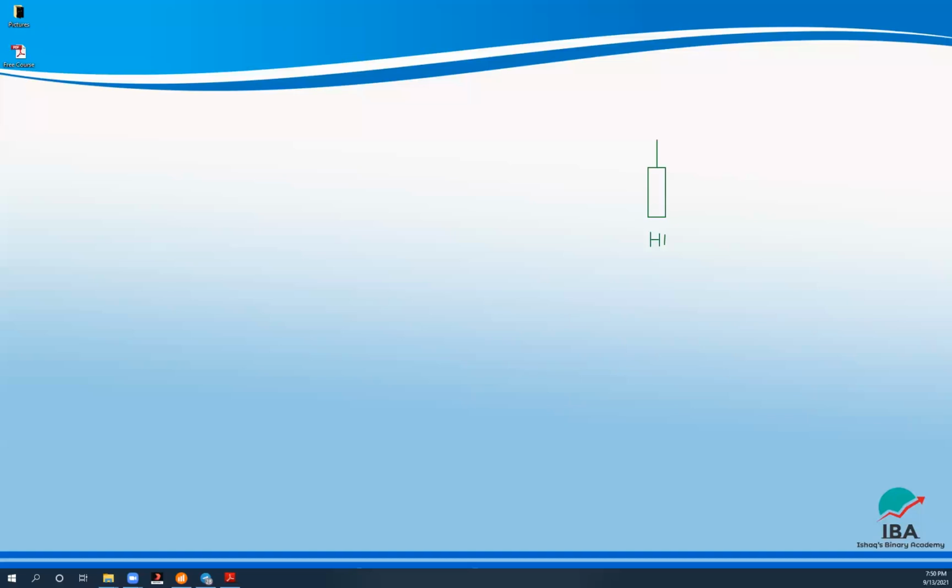When the price reached this area, that was 35 minutes, right?